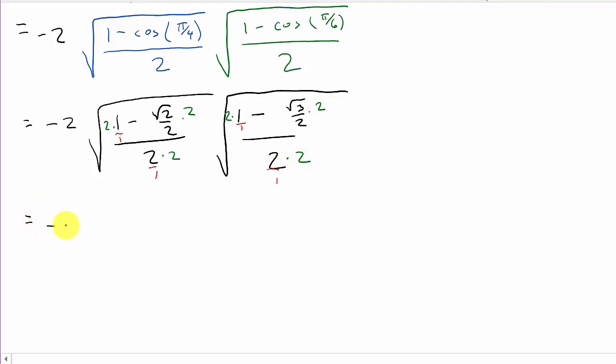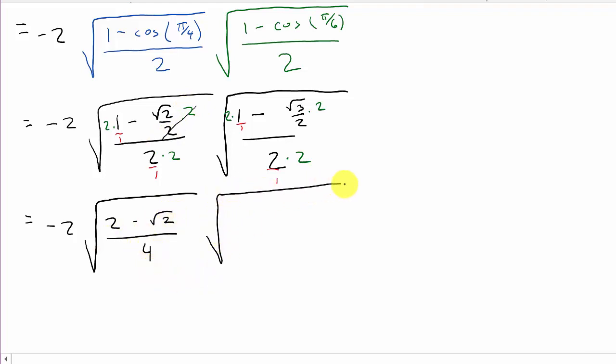So that's going to give me negative 2 square root of 2 minus, and see here the 2's cancel, that's square root of 2 over 4, times the square root of 2 minus, and here the 2's cancel, so that's square root of 3 over 4.